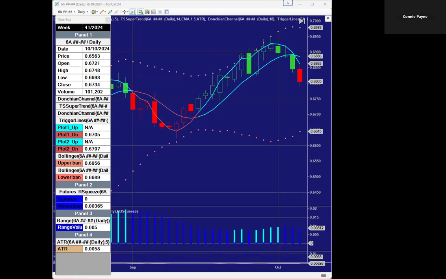Do I round up? No, you're fine. 45% of 122 is 54.9, so we can make it 54. First target equals 54 ticks.